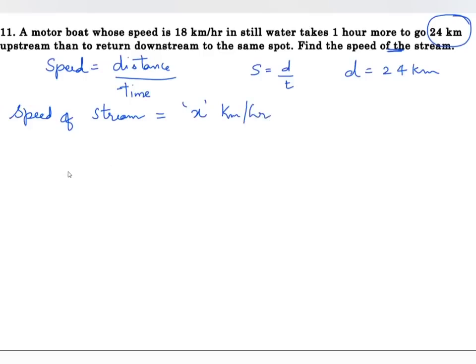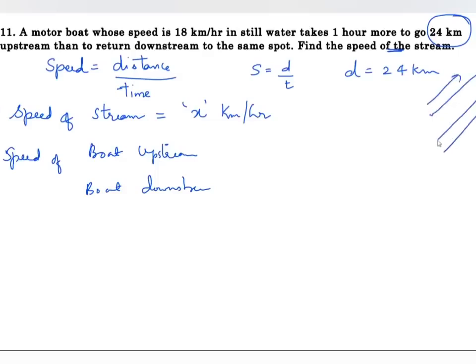Now what is the speed of the boat upstream, and in the same way the speed of the boat downstream? Upstream means lower point to higher point, downstream is from higher level to lower level.